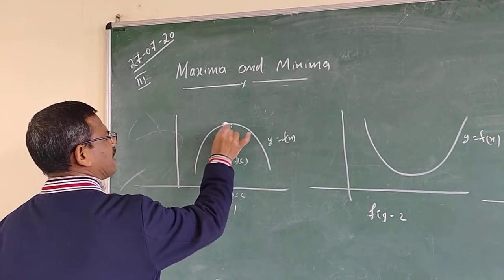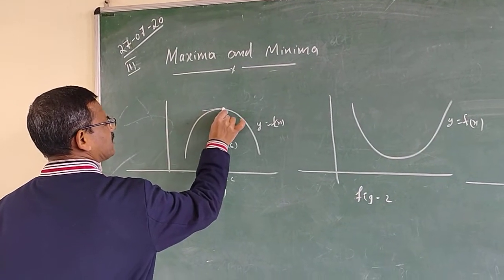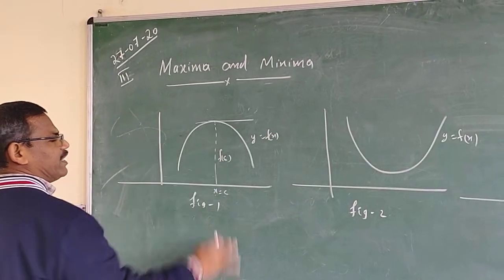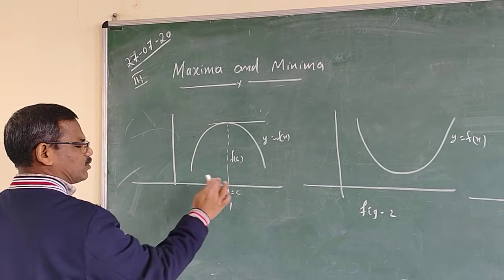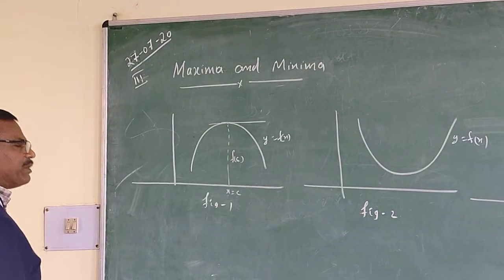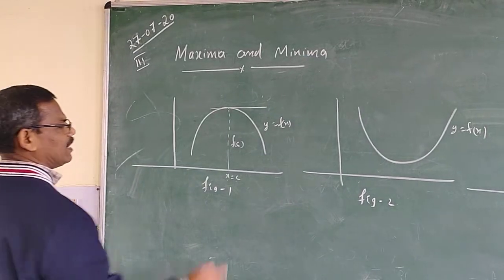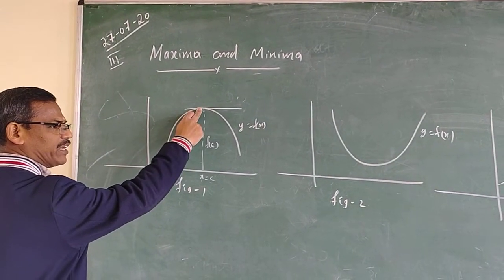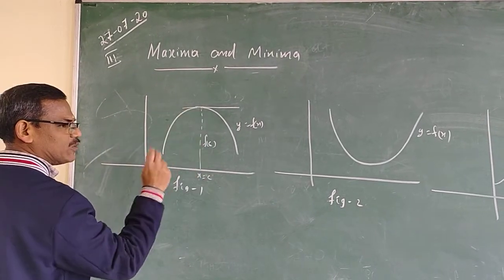Now you can see that at this highest point, if I draw a tangent, the tangent is parallel to the x-axis. So it means that at the highest point, the slope of the tangent is equal to the slope of the x-axis because the tangent is parallel to the x-axis.